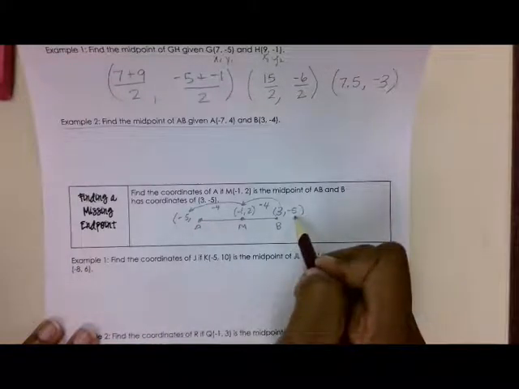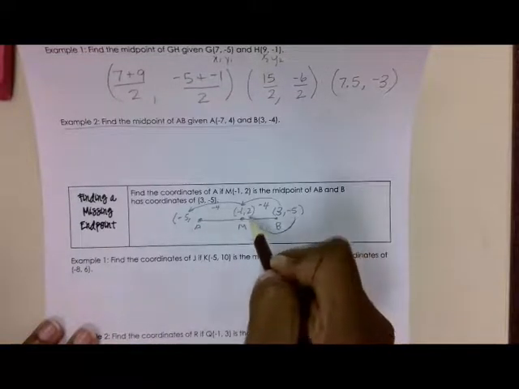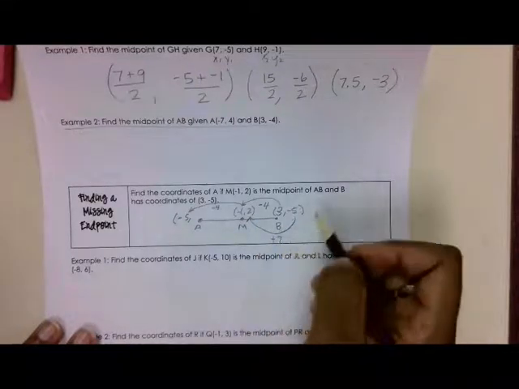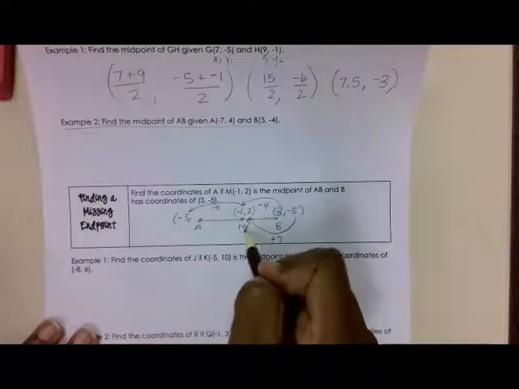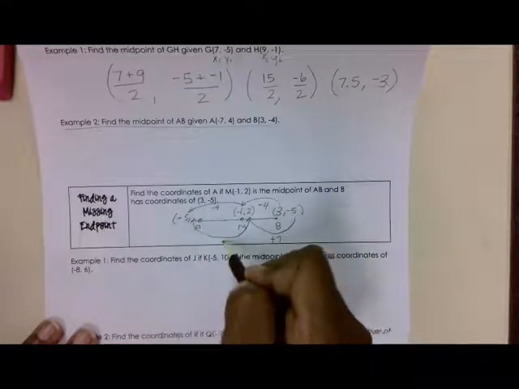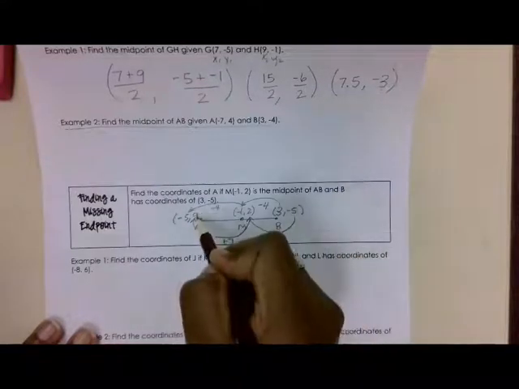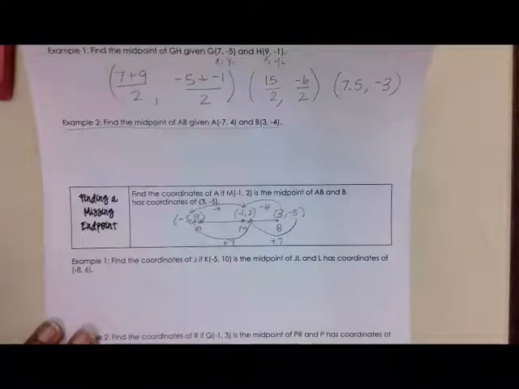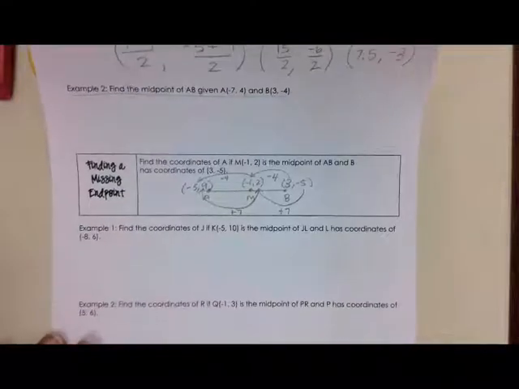And then, to get from negative 5 to 2, okay, I added 7. So I'm going to add 7 to get my y coordinate over here. So I get 9. So that's my other endpoint. Okay?